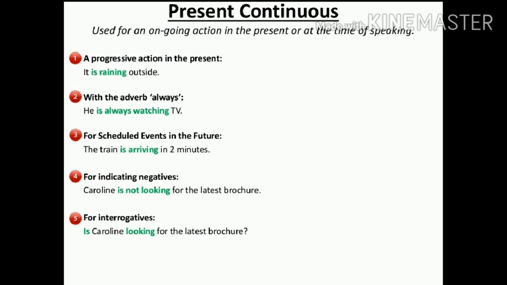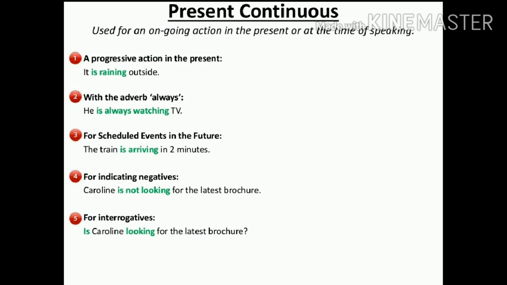Some uses are given here again in red points, red bullets. First one says a progressive action in the present. Means something which is happening right at the point of time of speaking or writing, you will use present continuous. Example says it is raining outside. It means when the speaker is saying this sentence, the process of raining is going on. It is happening live at that point of time.